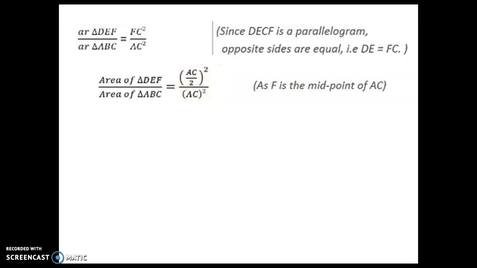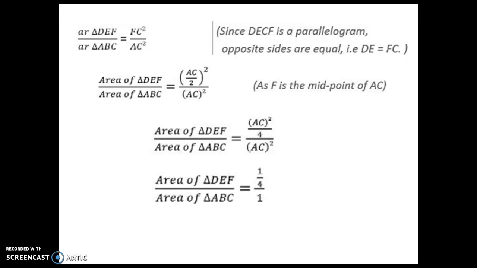Now we take the square, so you will get AC square by 4. We are doing the square inside the bracket. Here AC is there in the numerator and denominator, so that gets cancelled. So 1 by 4 by 1 we will get. That is 1 by 4.